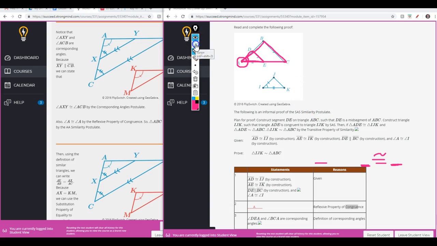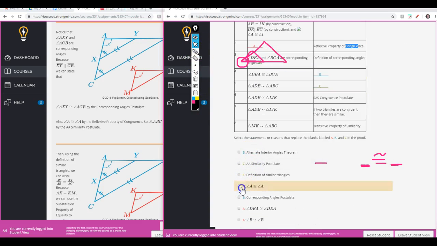So I know that it's going to be angle A. The other option was angle B. Angle B is only in one triangle. That's not going to help me prove that two triangles are similar because it's only in one triangle. So that's how I would eliminate angle B and the other angle as well. So for this, it's angle A is congruent to angle A.